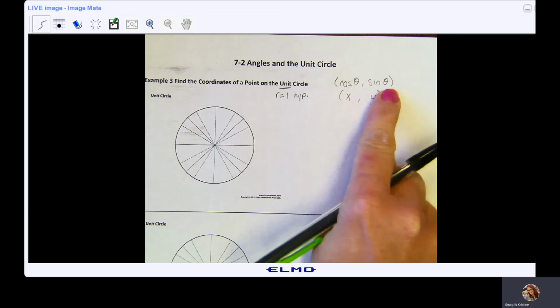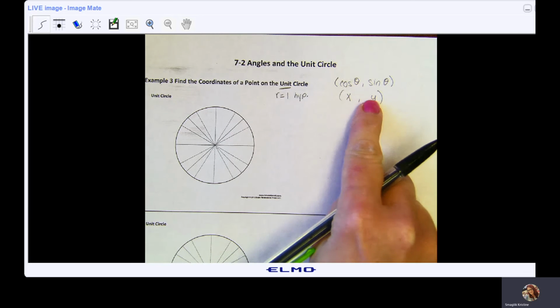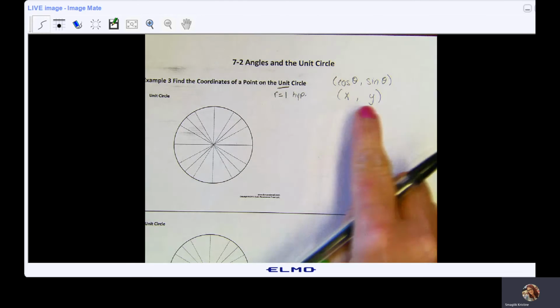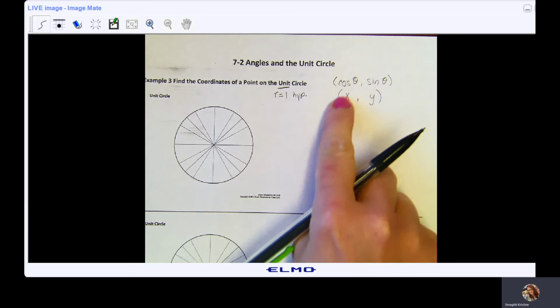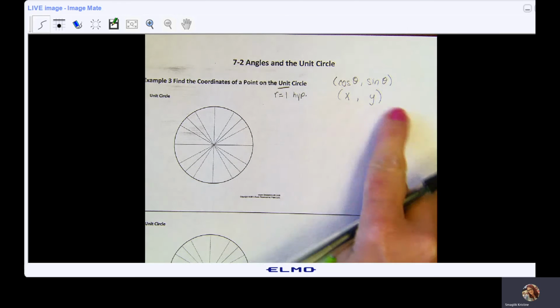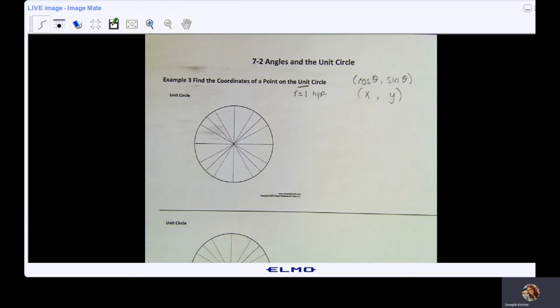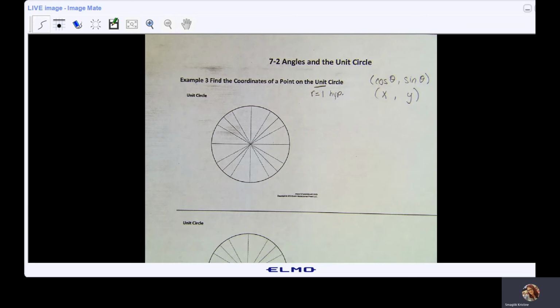And you can remember this too, just like XY, alphabetical order, cosine, sine, C comes before S. So your cosine values will relate to your horizontal, and your sine values are going to relate to your vertical. So we're going to start out, I'm going to show you the 3 most common reference angles that we'll be using.